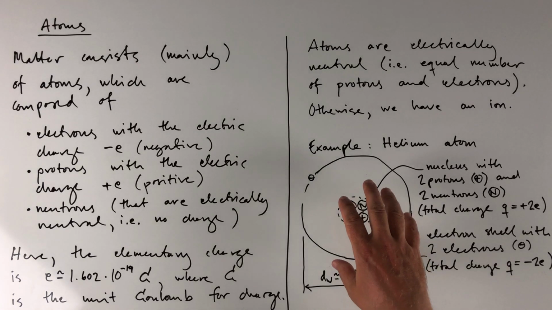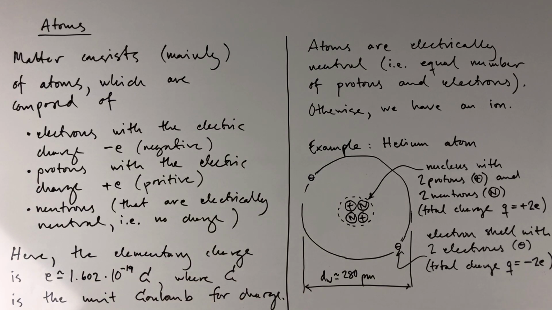Now, all matter that we have around us on Earth and in the universe, let it be solid matter such as, say, iron or glass or plastic, these solid objects are typically composed of atoms.